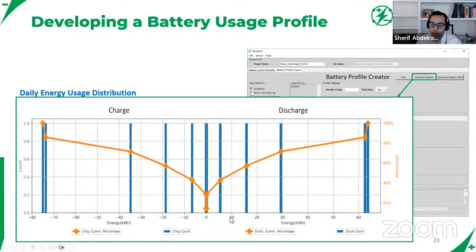And I'll just clarify, this is coming out of the battery profile creator. So this is basically just looking at, for each day in that profile, what was the discharge throughput? What was the maximum charge throughput?